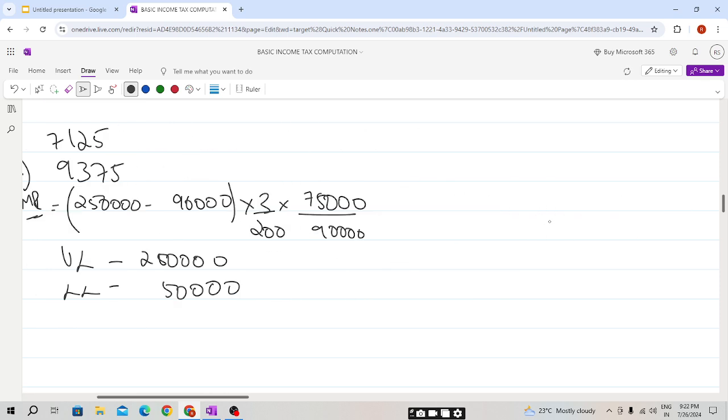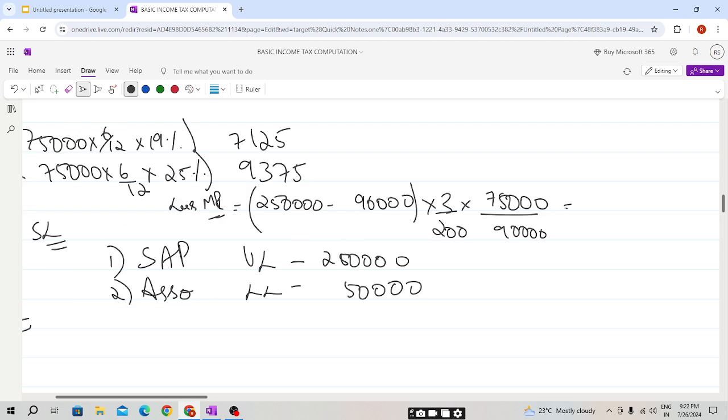So the marginal relief will be 250,000 minus 90,000 into 3 divided by 200 into 75 divided by 90. So the marginal relief is 2,000. I hope this is clear.